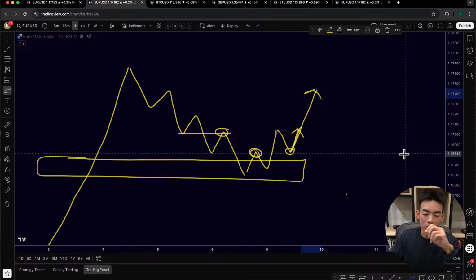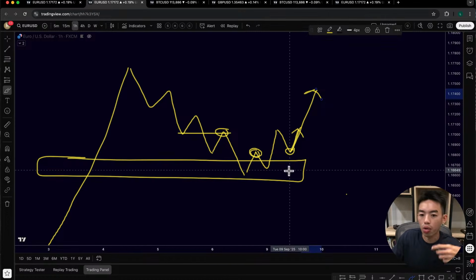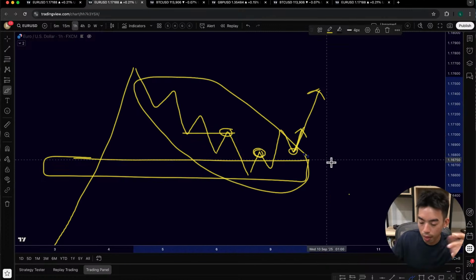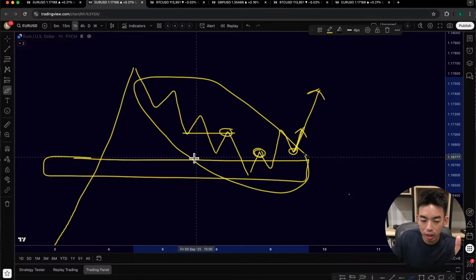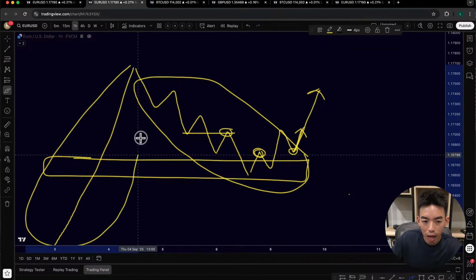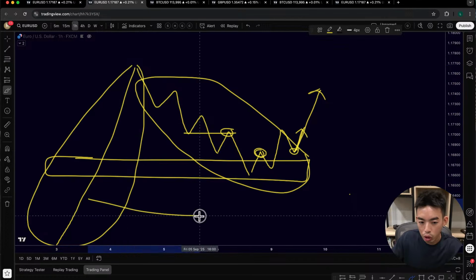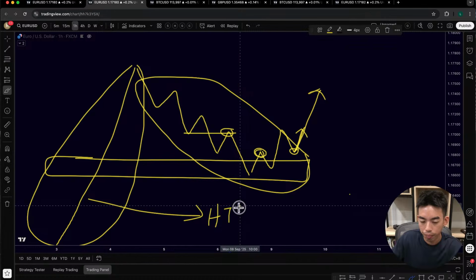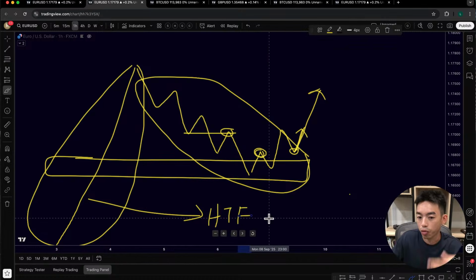Why? Because you're essentially using two things here. You're reversing a short-term downtrend. That's number one. The second thing is you're going with a higher time frame uptrend. So you have support, okay, from the higher time frame to look for the buys.